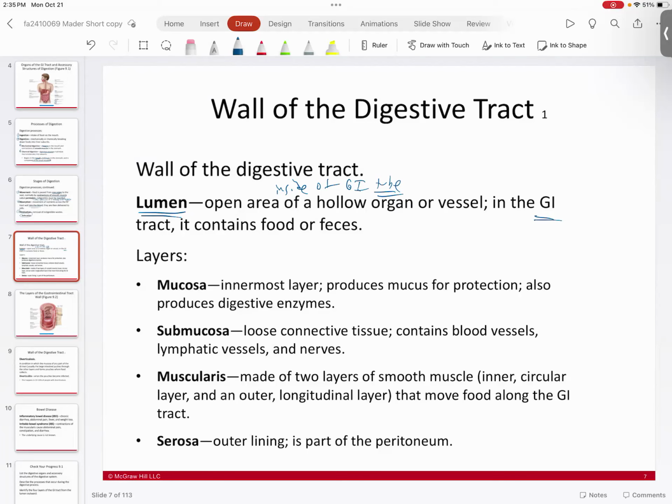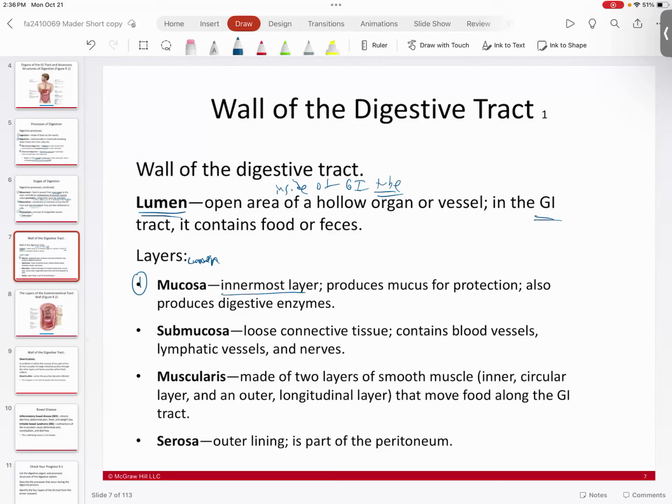It has the same layers, just with slightly different nuances and structures depending on where you are in the GI tube. The first and innermost layer is the mucosa, next to the lumen, where the food you've just eaten is passing through.